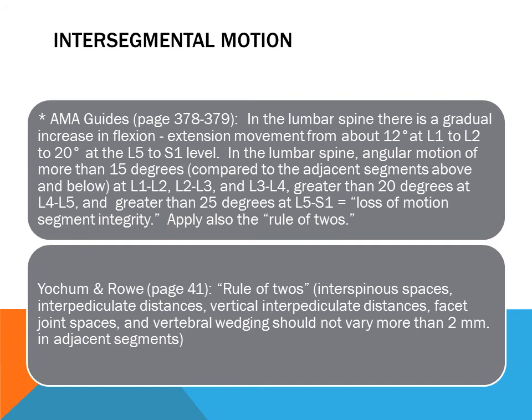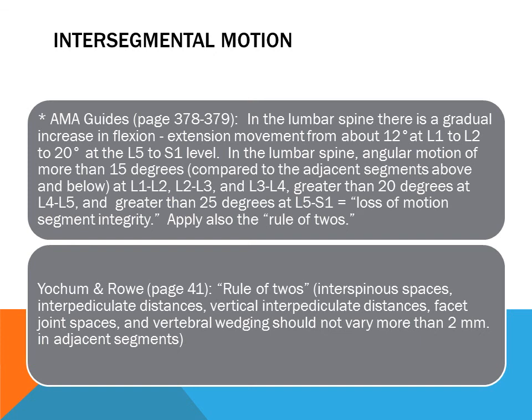But the AMA guys say that it increases from 12 degrees to 20 degrees. Well, let's say it was 12 at L1, L2, and 14 at L2, L3, and 16 at L3, L4, and 18 at L4, L5, and then 20 at L5S1. That would be, well, what would that be?